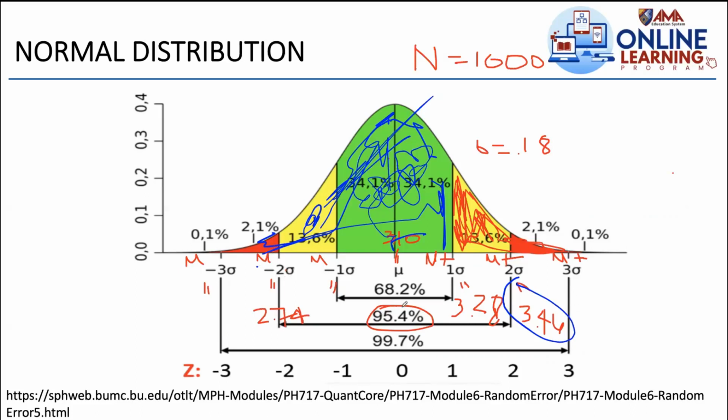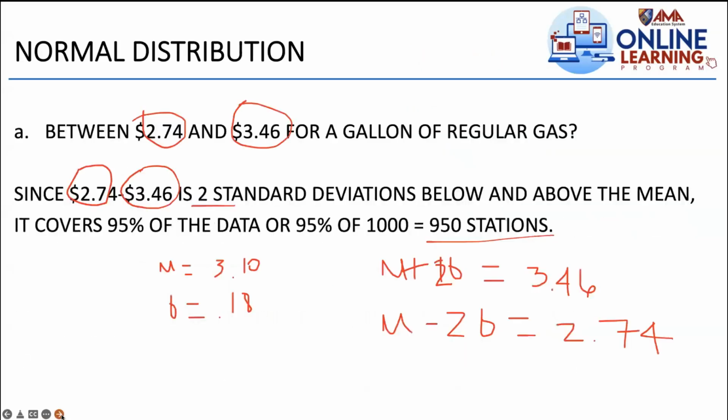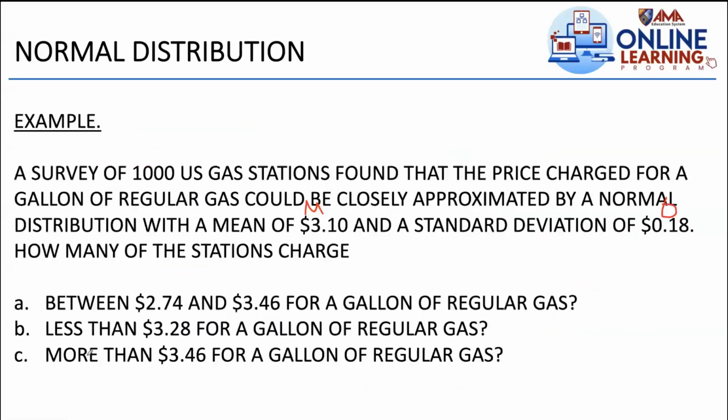That's 95%, right? So meaning there's a 5%. Where's the 5%? It's divided into two, the 2.5 here, the other 2.5 here. Since we want greater than 3.46, just get the 2.5%. So 2.5% of 1,000 is 25. So the answer to that problem is 25 stations. Okay, 25 stations charge more than 3.46 for a gallon of regular gas.